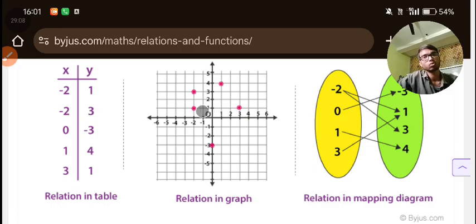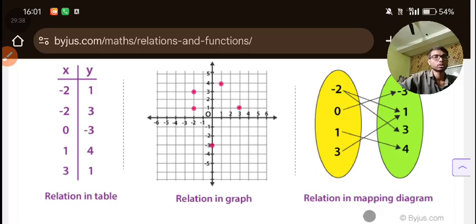This 1, this 1, this 1. Where is 3? This is 3, I am talking about this 3. Minus 3, this 4, and 1, this 1. This is how we represent a relation on a graph.